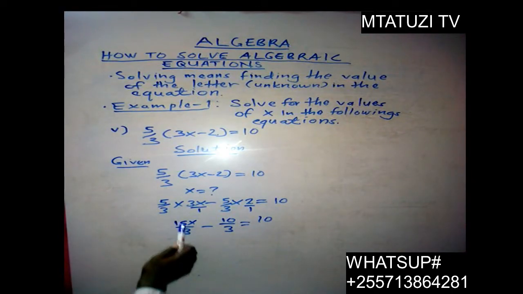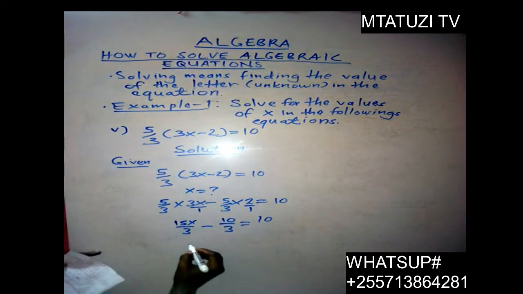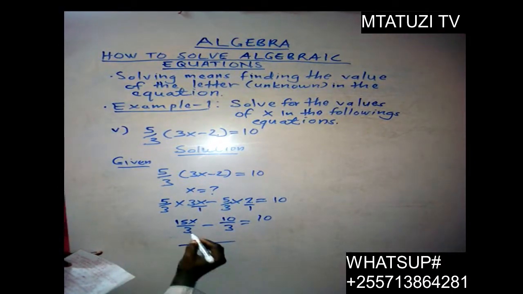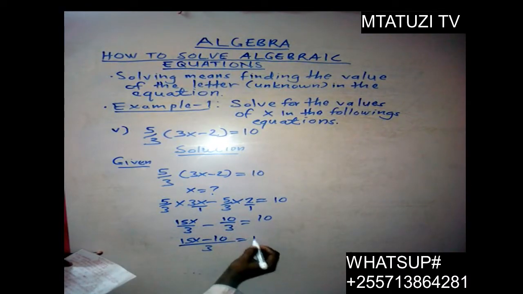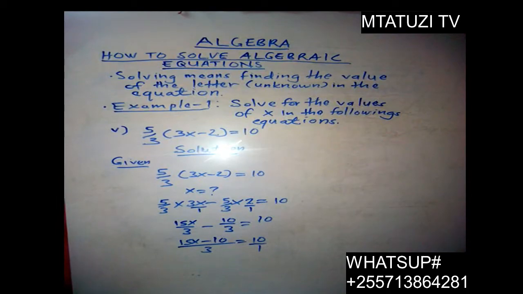Denominators of this term with 3 and that term with 3, so therefore their LCM is equal to 3. 3 divided by 3 is 1, 1 times 15x gives 15x. Minus 3 divided by 3 is 1, 1 times 10 gives 10, is equal to 10. Therefore put 10 over 1 in order to make it easy for multiplication.